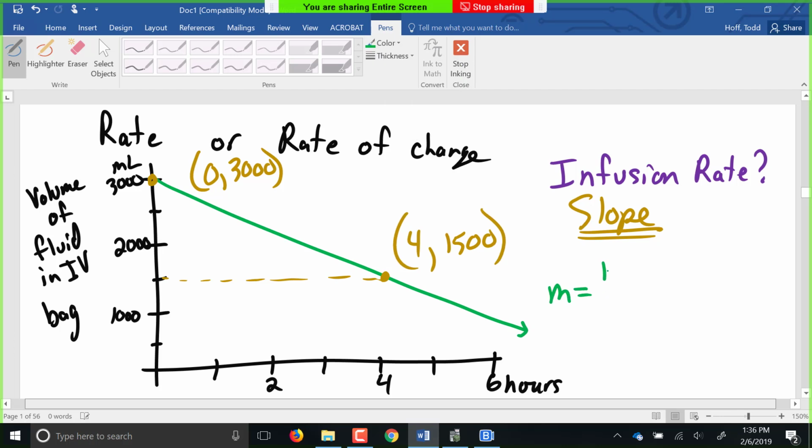m, if I call this point 1 and point 2, we have 1,500 minus 3,000 over 4 minus 0. 1,500 minus 3,000 is negative 1,500. 4 minus 0 is 4.